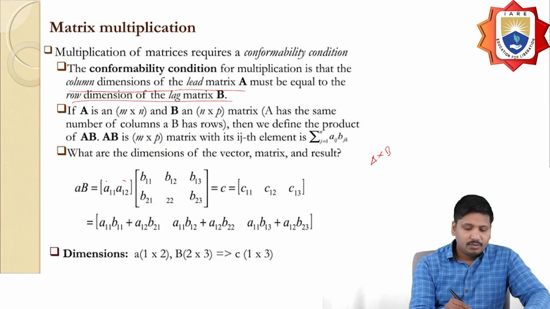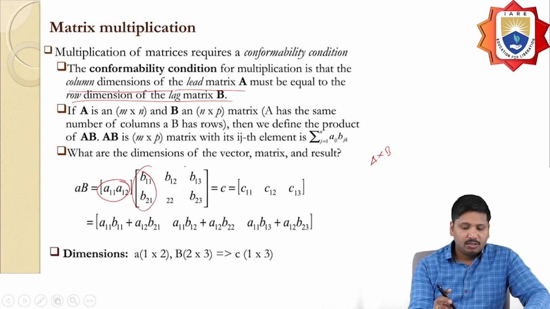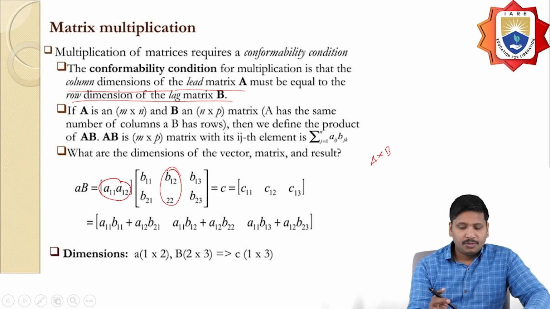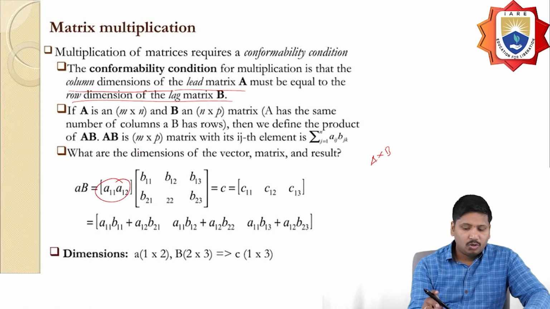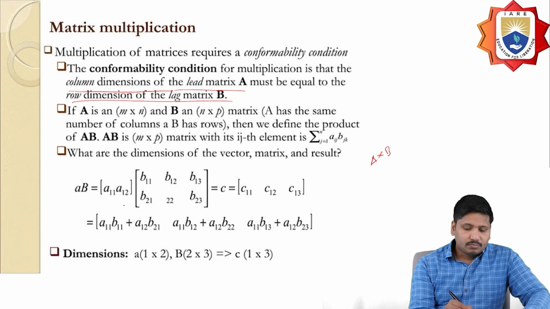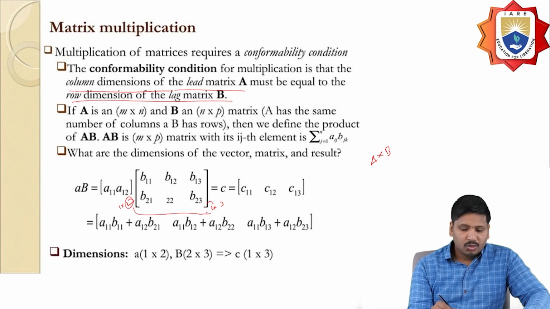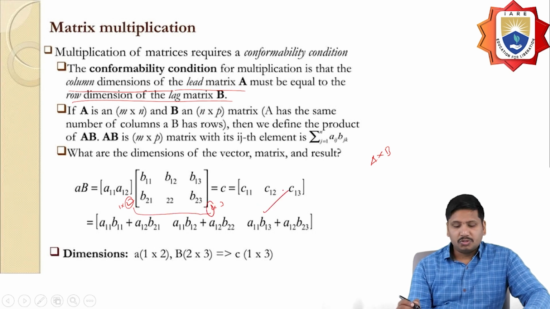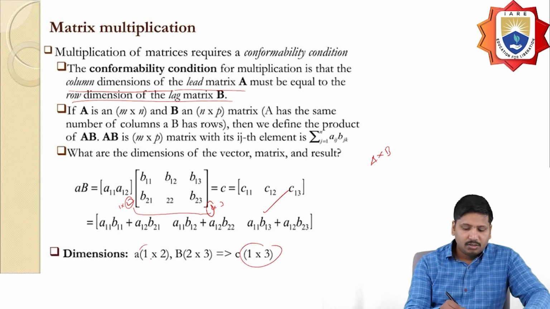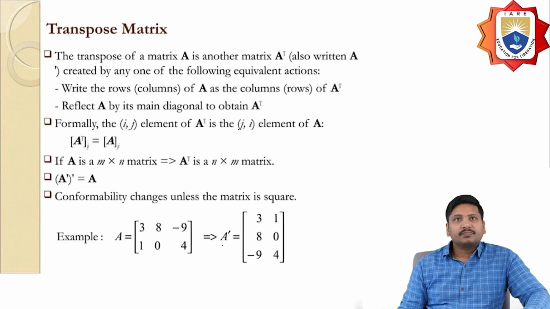The first one is multiplied with this, the second one with the second column, and the next one with the third column. Here A is a 1 by 2 matrix and B is a 2 by 3 matrix. The column of the first matrix matches the row of the second matrix, so multiplication is possible. Finally, what I get is a 1 by 3 matrix.